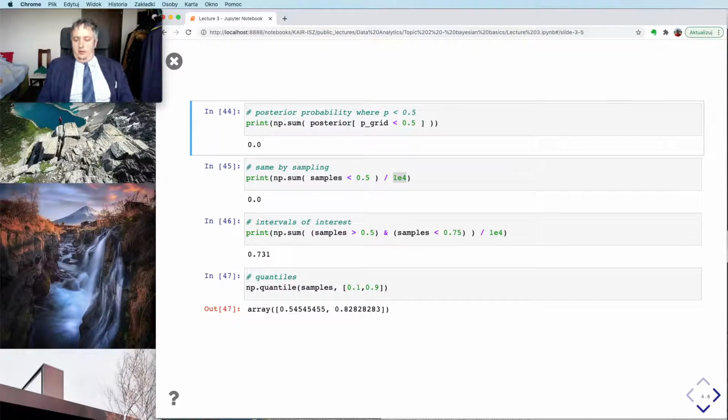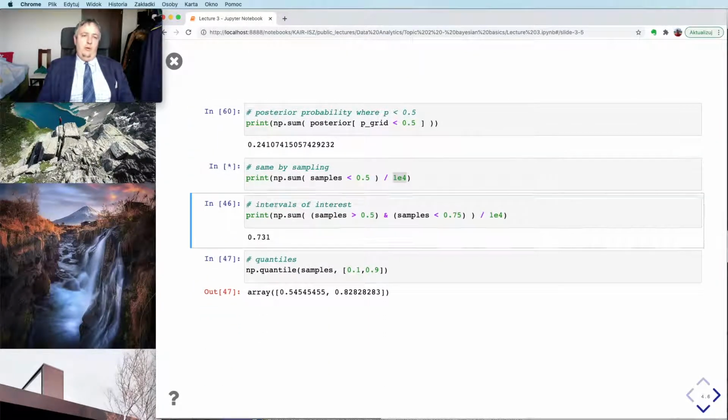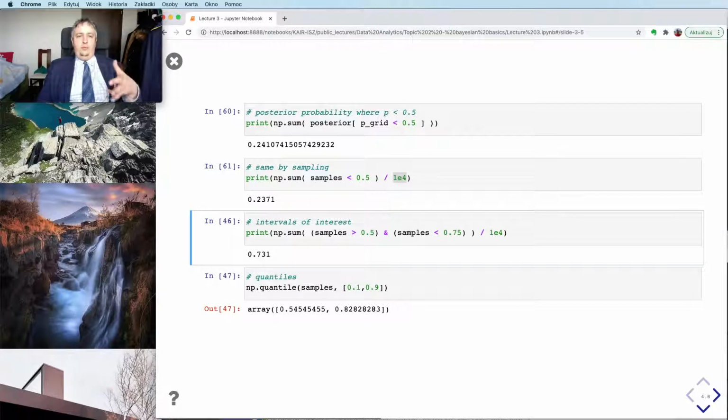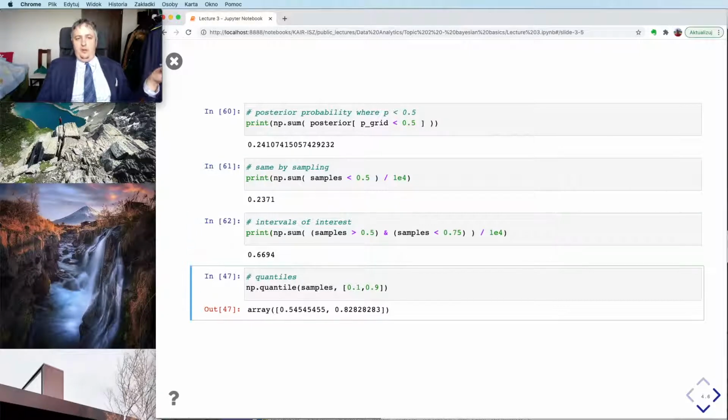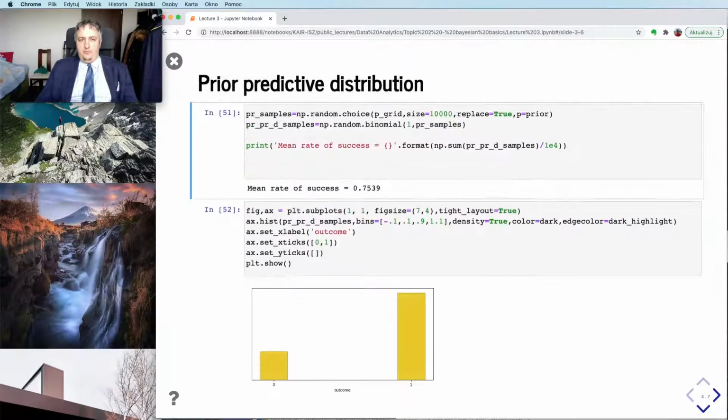And computing the appropriate values, so now we can again compute here with the integration with Euler method, and here just by sampling from 10,000 samples. We get values from 10,000 samples very well. We compute the intervals of interest, and we can compute our quantiles, which are generally similar to the uniform distribution.